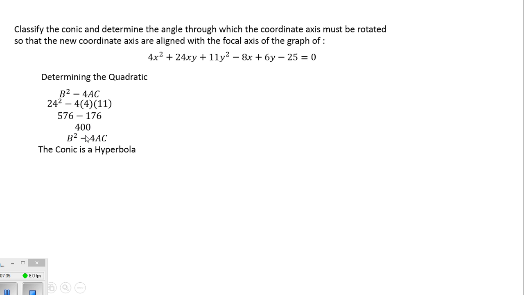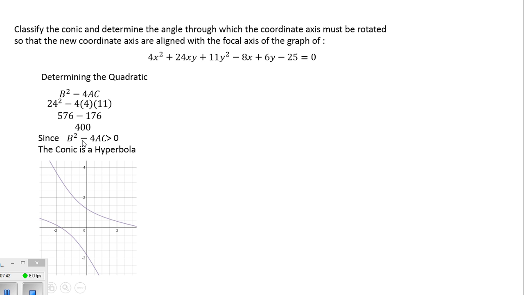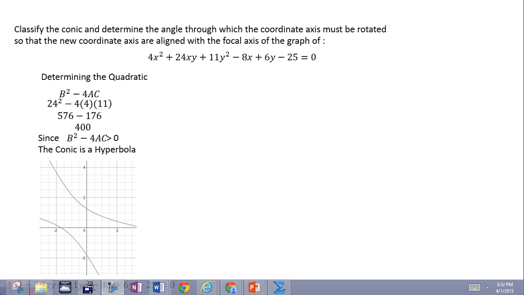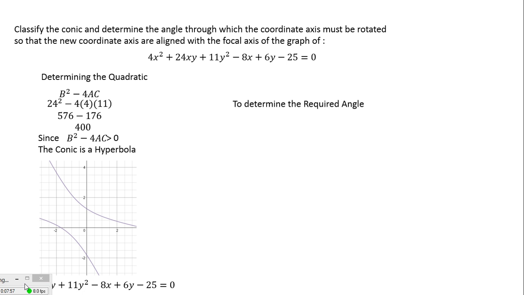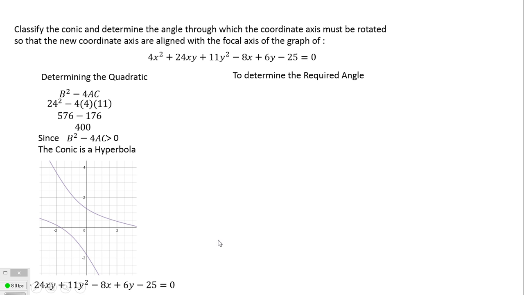That ends up being 400, and of course, since that's greater than 0, it is going to tell us that it is a hyperbola. And here is the hyperbola that is graphed, okay, through Desmos right there with that function, which is the same function as we have from the start here. So that's no surprise.